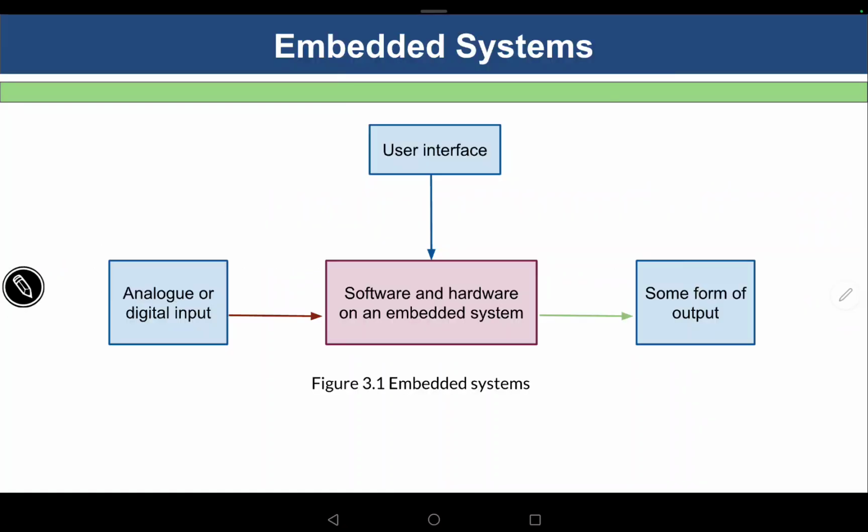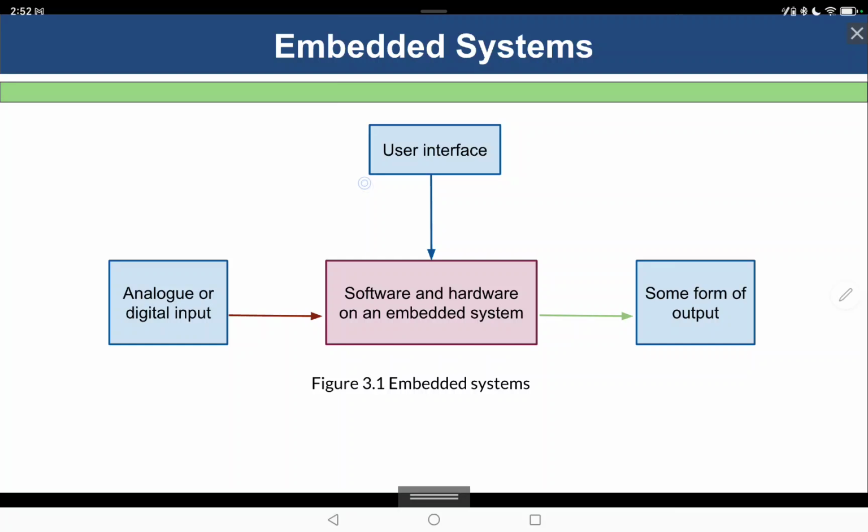So an embedded system would consist of these features. It would have a user interface. It would have software and hardware embedded in it. It would have some form of output devices, and also it would have an analog or digital input device.